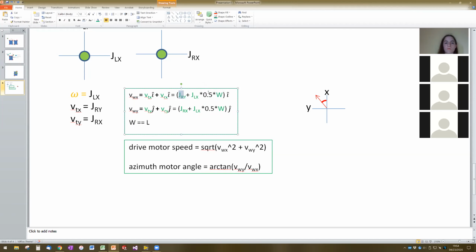And then you're going to do the squaring, and then the square root. And you're going to have a drive motor speed that is larger than 1. But 1 is the largest amount of power that you could send to your motor. And so you're in this scenario where you've asked the robot to do something that it isn't physically capable of doing.